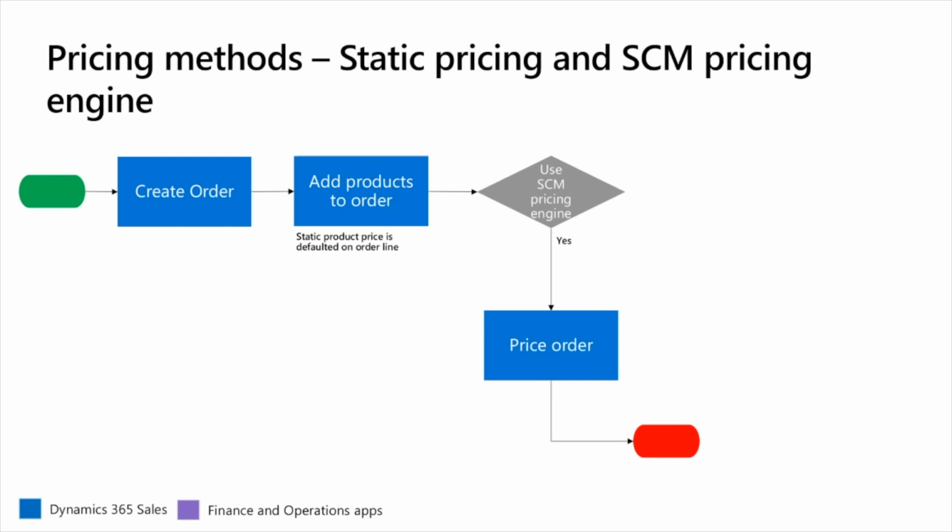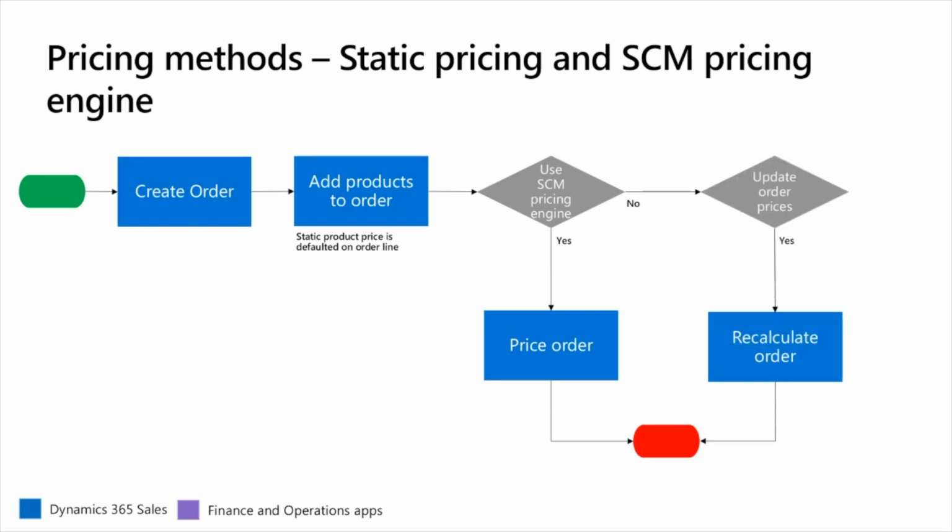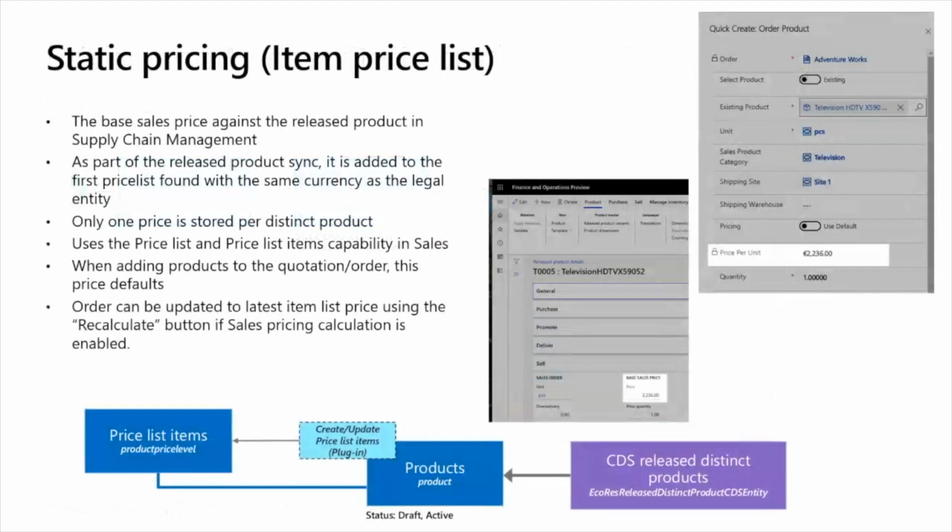If we are using the supply chain management pricing engine, there's a function there to price the order, and we would click that. If we're not, and the pricing changes, or we need to get updated prices from sales, we click recalculate order to get those.